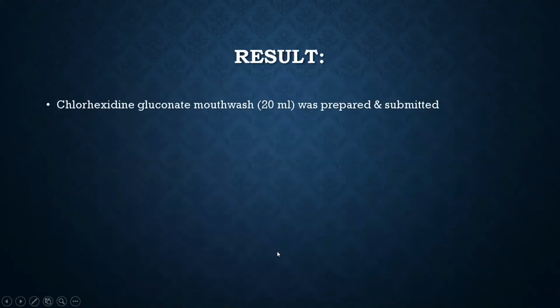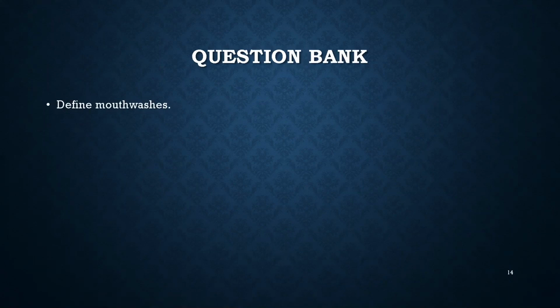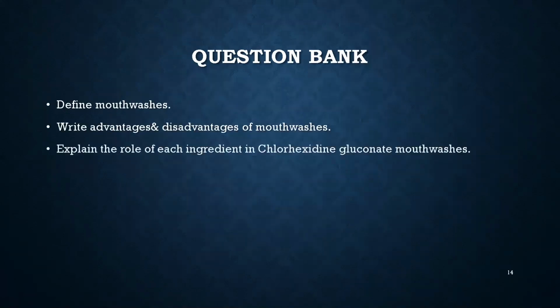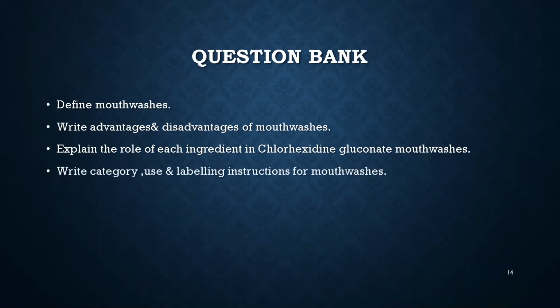Result: chlorhexidine gluconate mouthwash was prepared and submitted. The question bank for this practical is: define mouthwashes, write advantages and disadvantages of mouthwashes, explain the role of each ingredient in chlorhexidine gluconate mouthwash, write category, use and labeling instructions for mouthwashes, explain the types of mouthwashes.